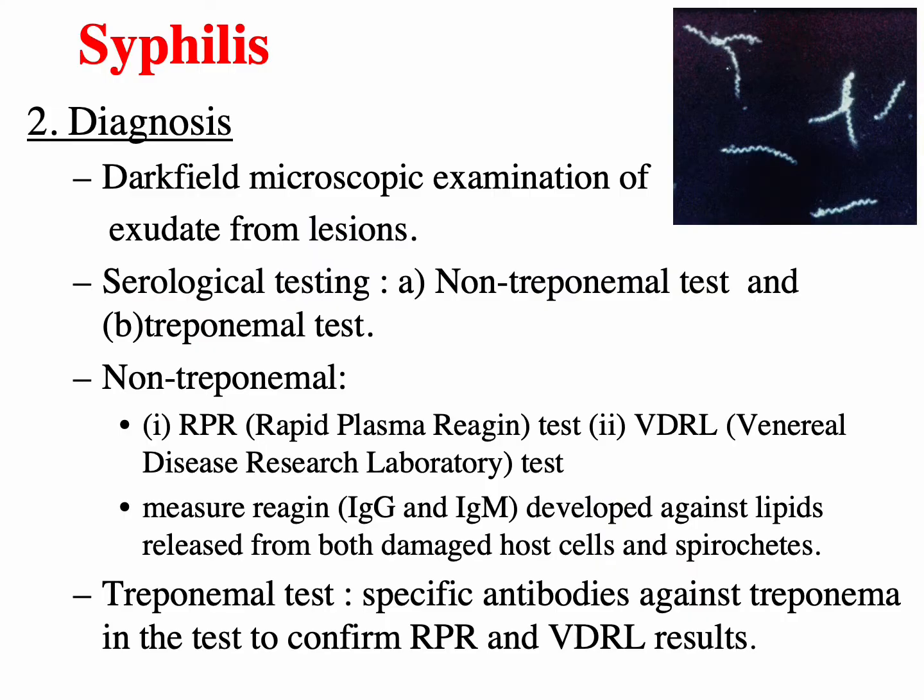Diagnosis is quite simple to pick out this organism in a sample. You do a dark field microscopic examination, which is shown in the picture. When you use a regular microscope and look down, you have a light coming up, your specimen, and your cells have color if you stain them, against a bright background.